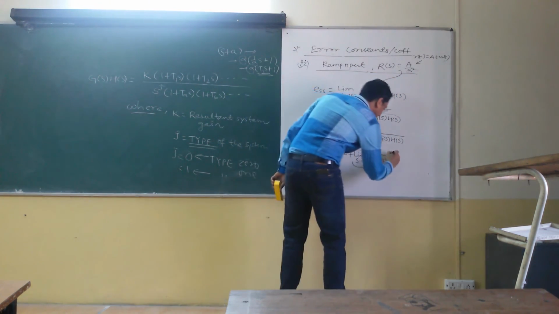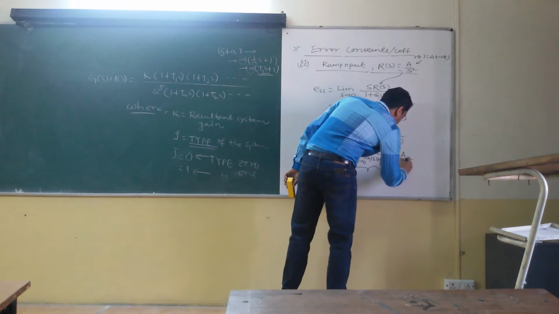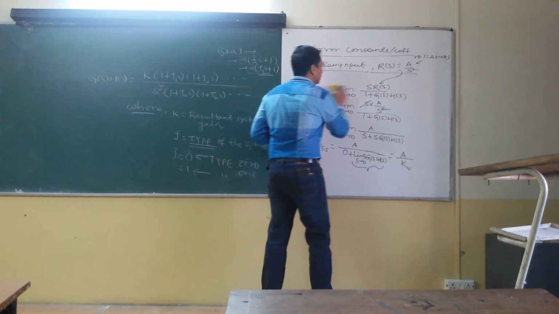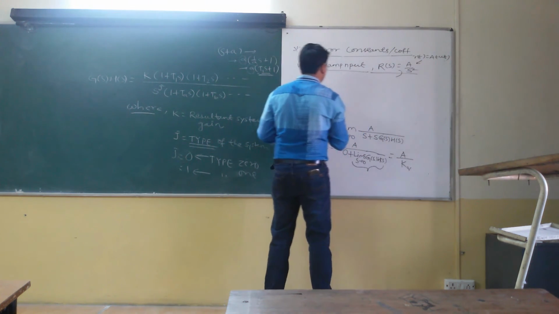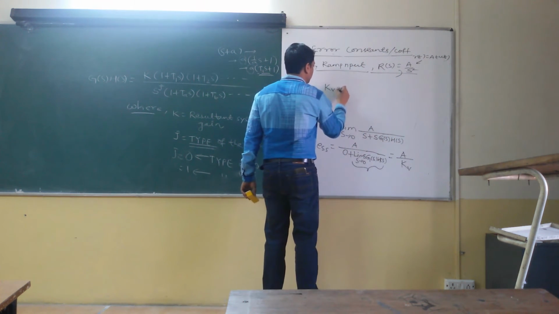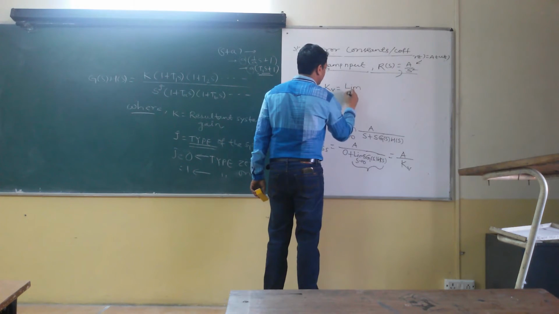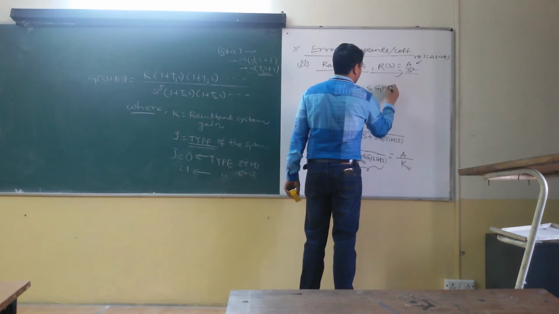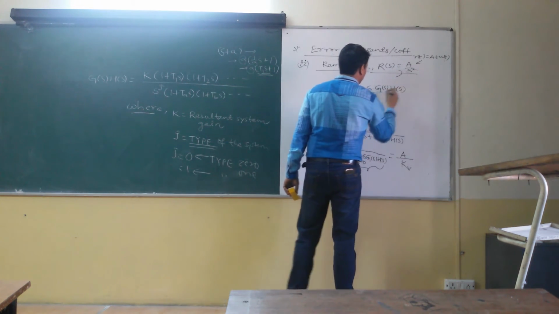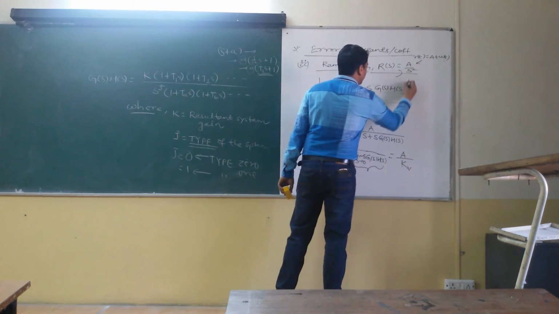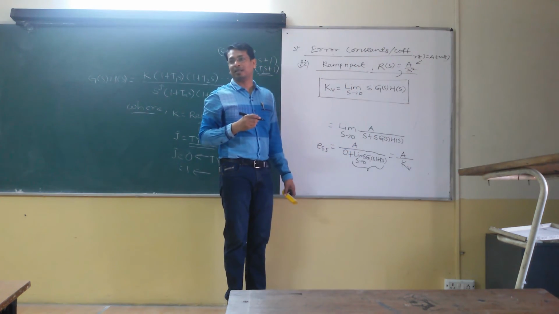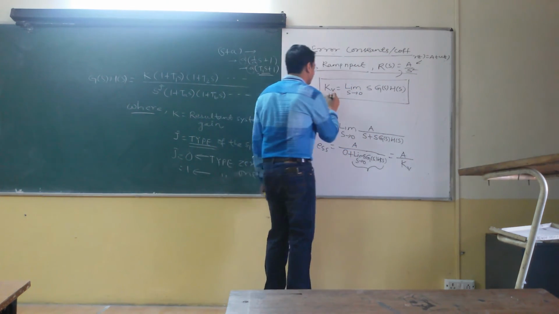You will get A upon Kv, where Kv is defined as limit s tends to 0, s multiplied by G(s)H(s), and this Kv is known as velocity error coefficient.